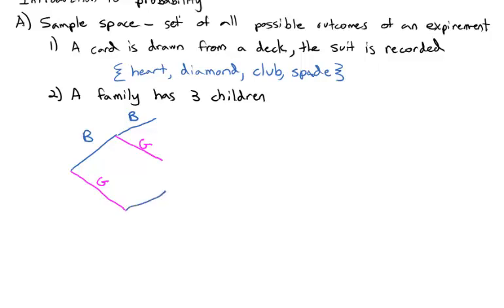If the girl came first, the second child could be a boy or a girl. And then you could see how this pattern will continue, that you could get a boy or a girl for the third child, regardless of what happened for the first child, boy or girl, regardless of what happened for the second child also, boy or girl.